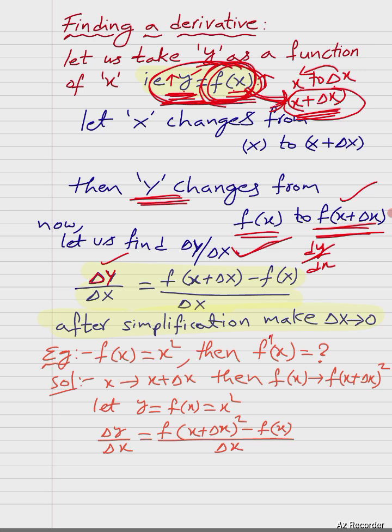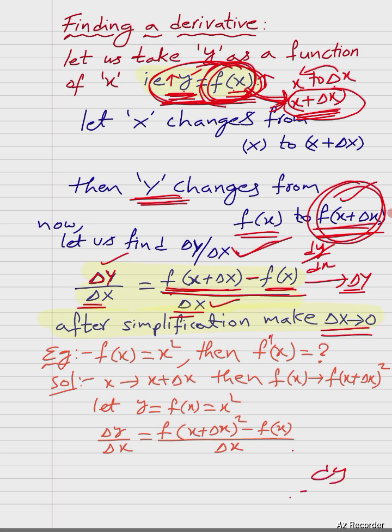The final value is f of x plus delta x, minus the initial value f of x. So this is delta y upon delta x. If there is a change in x, how y is changing, that is delta y. Now after simplification, make this delta x 0, then you will get dy by dx.